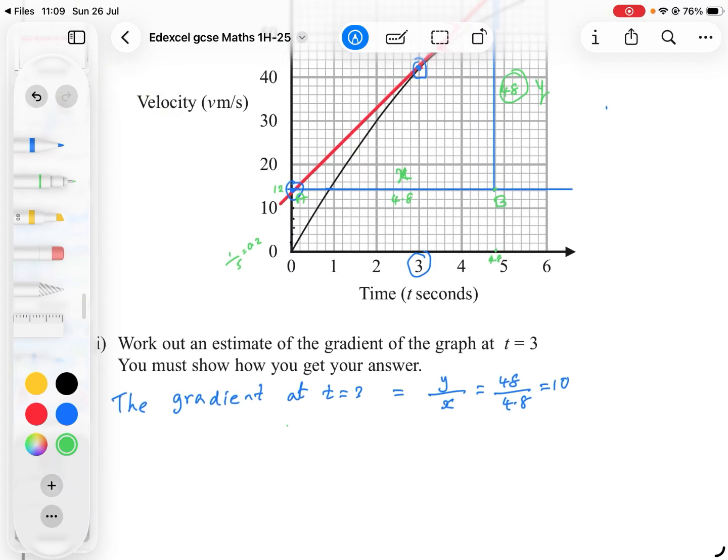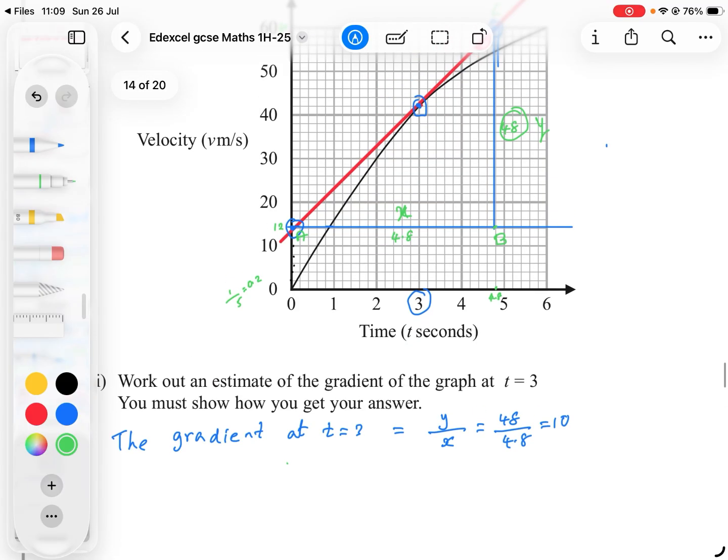So the gradient at t equal to 3 equals y over x. Substitute y for 48, x for 4.8. So 48 divided by 4.8 is 10. So the gradient at t equal 3 seconds, the rate of velocity, is 10.